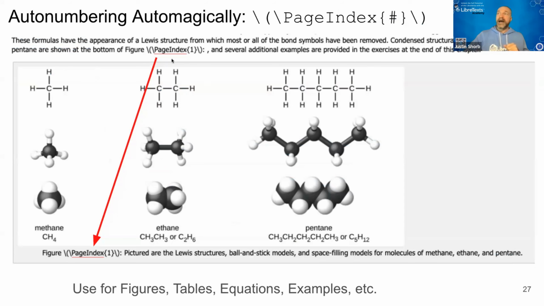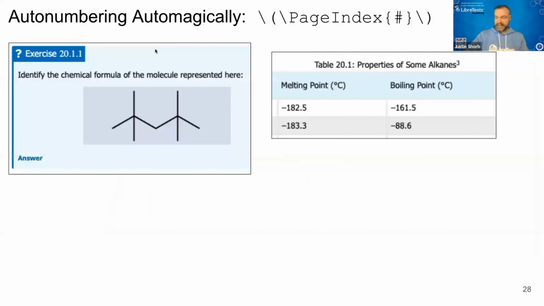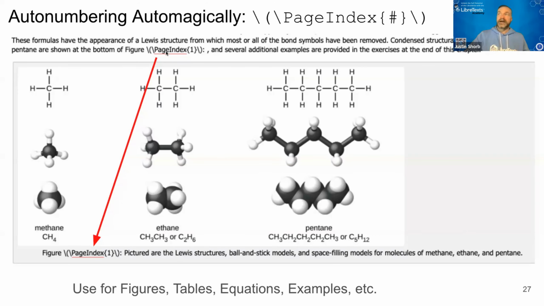So this says, I don't know what the page index is for this image, for this page, but I know this is image 1 on the page. So I'm going to reference figure 1 here, and then I'm going to label the caption of this figure page index 1, and then when this gets rendered, it will have the correct chapter, like 11.2.1, no matter what book it's in.